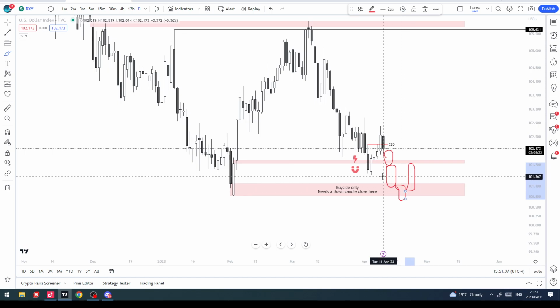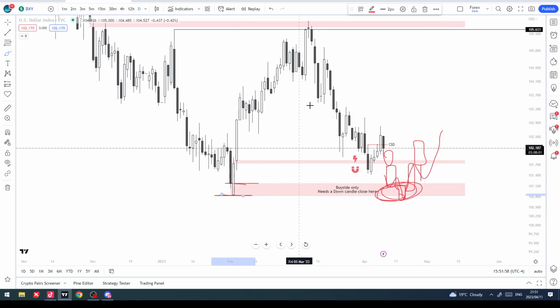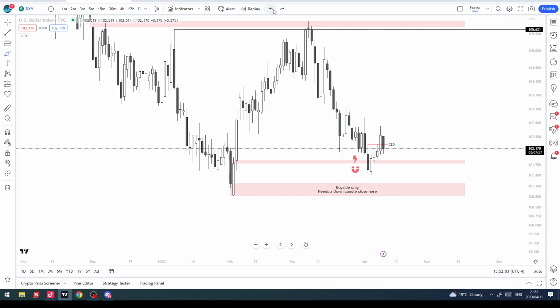Because what's that doing? It's giving us this, this, this, this. Let them put another candle in here. Let them spike down on a wick, which gives us the retracement, and then the push away. So we need them to print a down candle in this range here to fix this volume imbalance. Then the dollar can do whatever it wants. Dollar can go on a bull run, no problem. For now, I don't trust it.